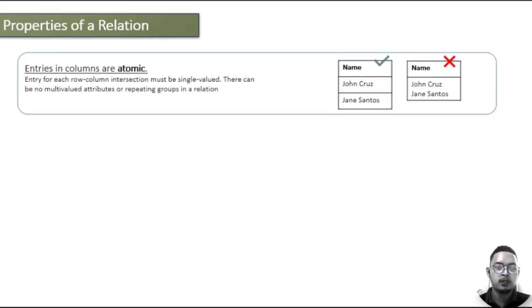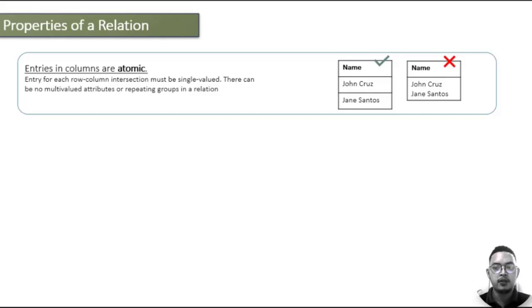First, we have columns are atomic. Values are atomic. This property implies that the columns in a relational table are not repeating groups or arrays. Such tables are referred to as being in the first normal form. The atomic value property of a relational table is important because it is one of the cornerstones of the relational model.